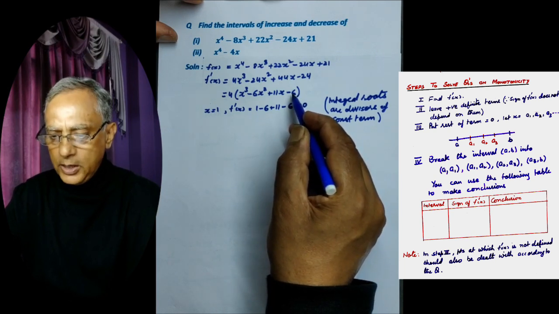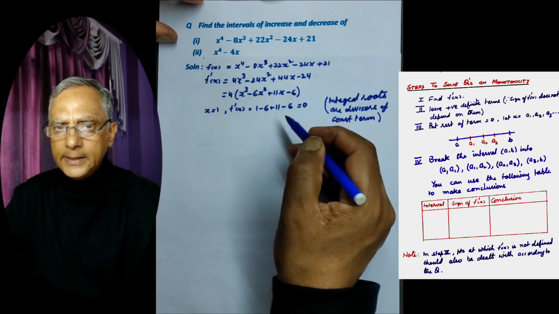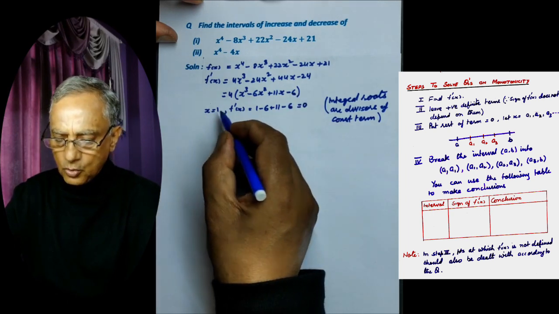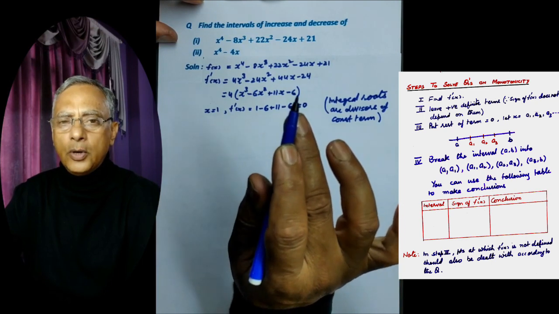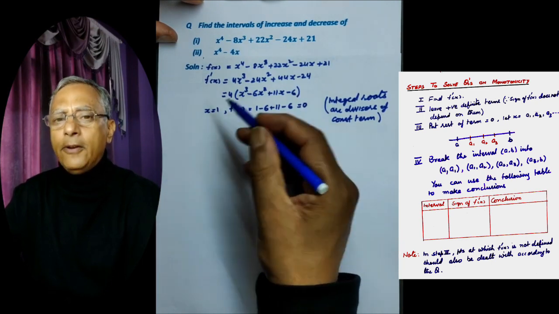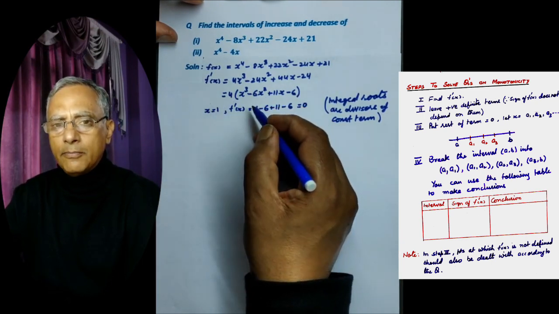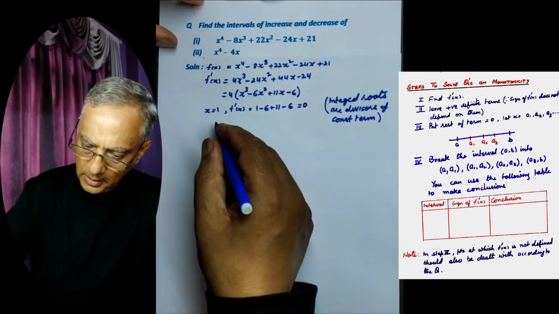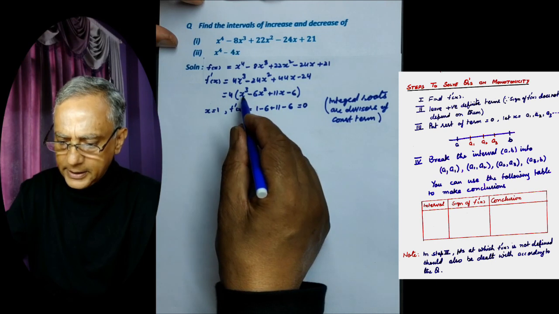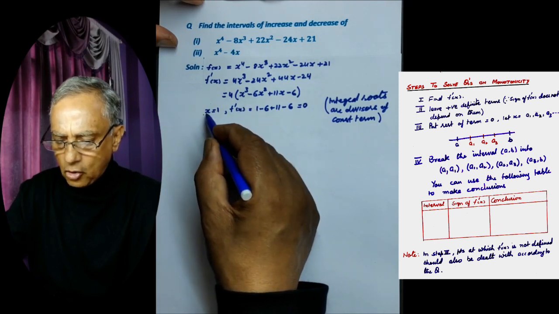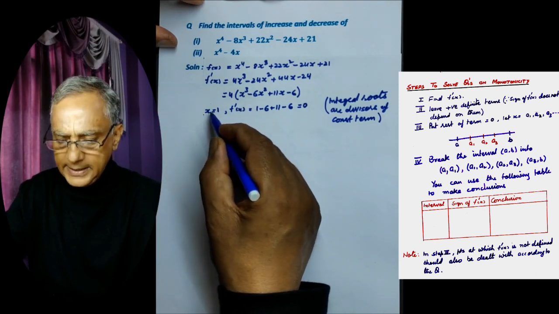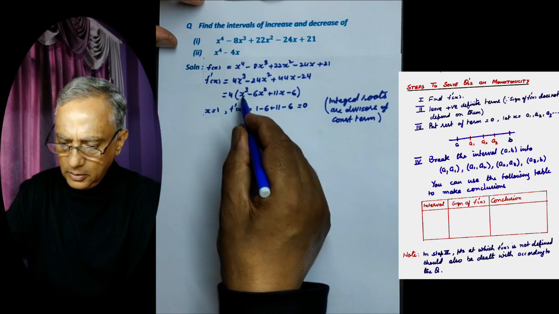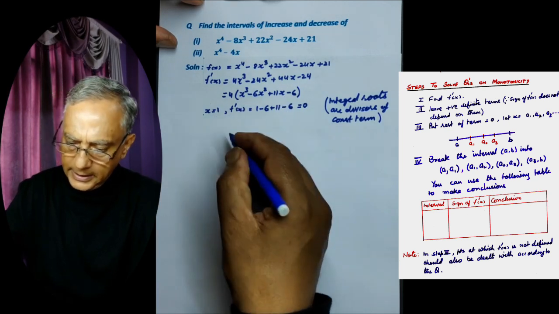So you will try only 1, 2, 3 and 6. So I put x equal to 1, we got the root. If it is not a root, then we will try x equal to minus 1, plus 2, minus 2 and so on. Now what we do is we divide this polynomial by the factor corresponding to this root, that is x minus 1, for which we use synthetic division.